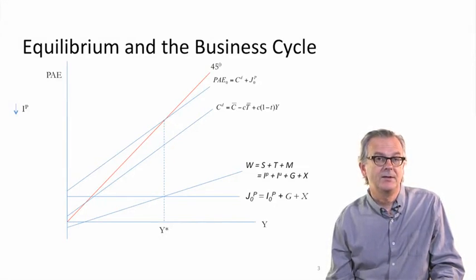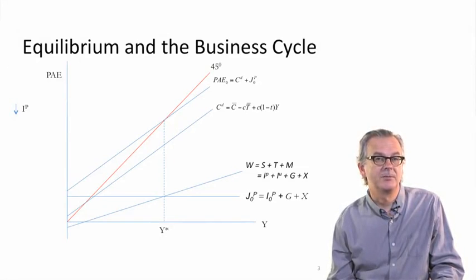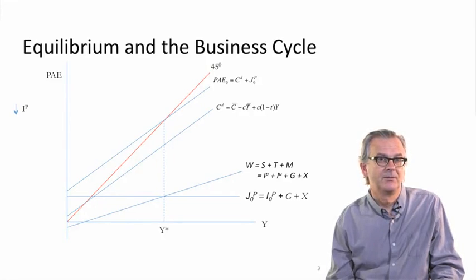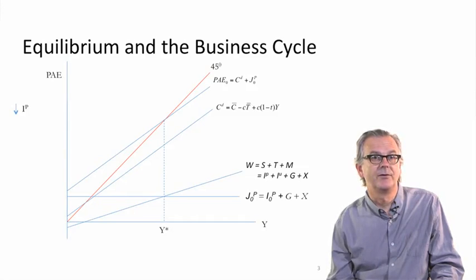Remember that within this model we actually don't have an explanation for why this might occur. This is completely exogenous to the model. But Keynes himself thought that these changes to planned investment were a very significant feature of modern economies.